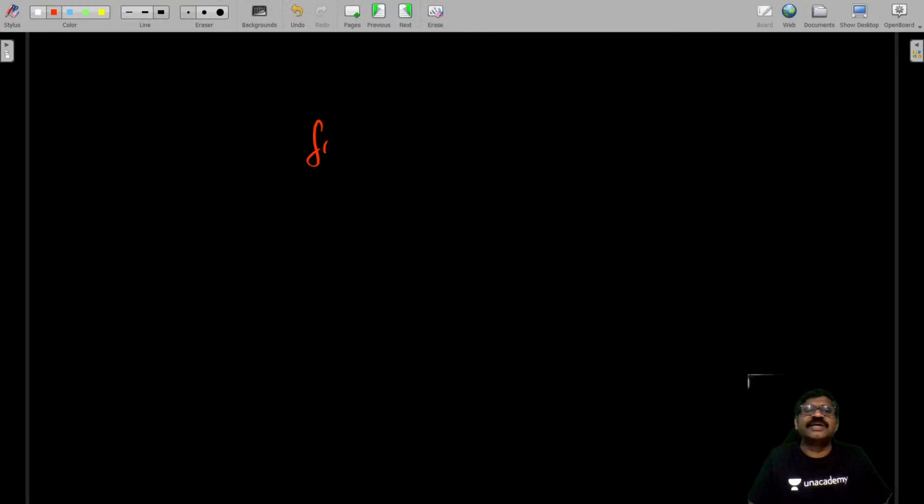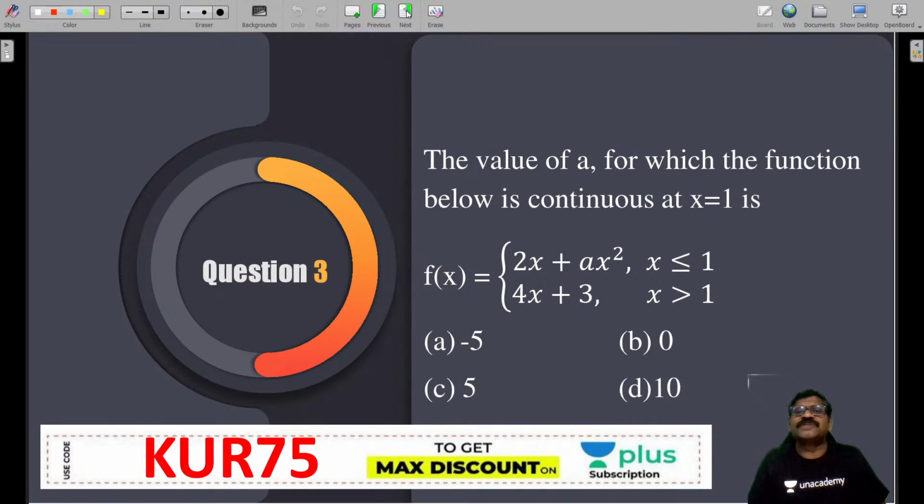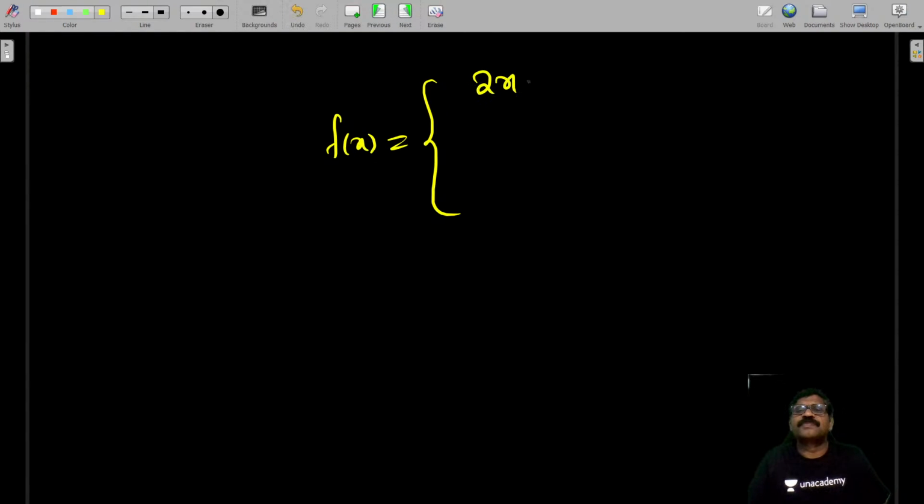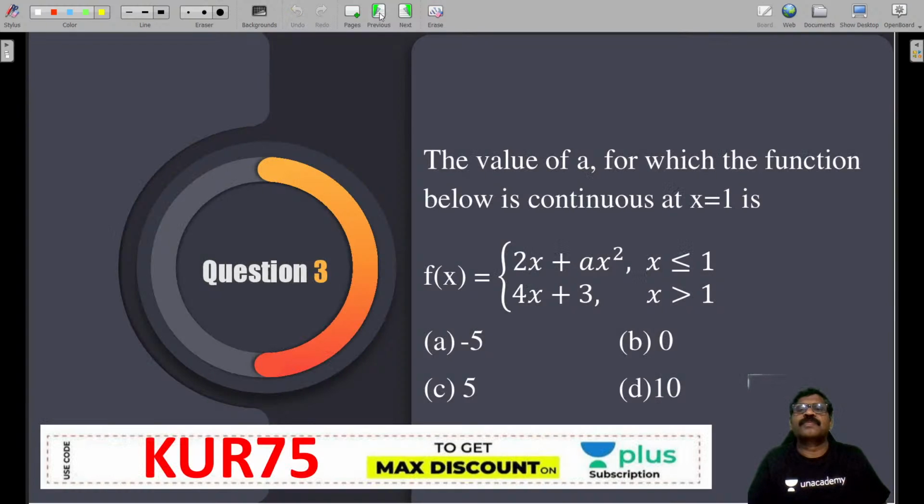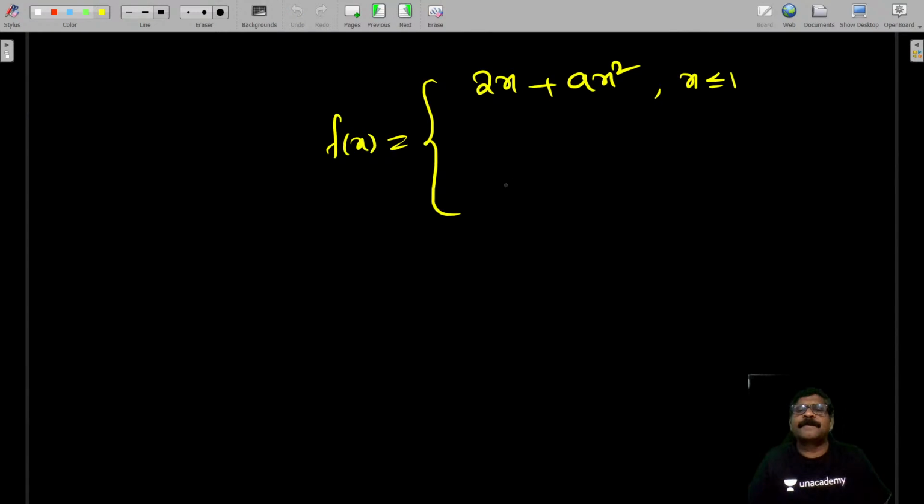F of x is 2x plus ax square when x less than or equal to 1, 4x plus 3 when x greater than 1.